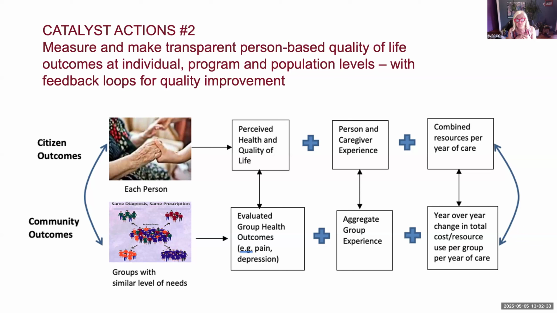Through that analysis process, it can be aggregated to look at individual, program, and population level quality of life outcomes, and build those feedback loops for quality improvement. So all of the work that we do is not just about helping people through that process of personal narrative and looking at their personal care network and being aware of what they think about their own social, physical, mental health today.